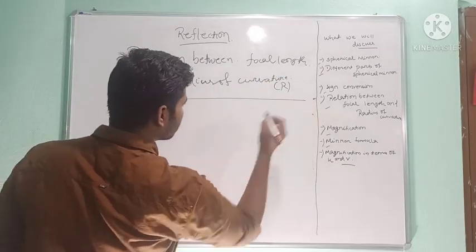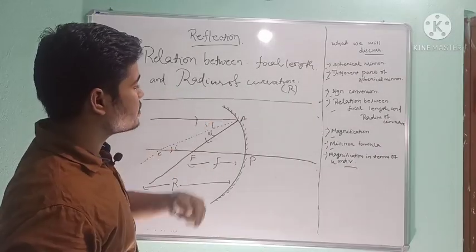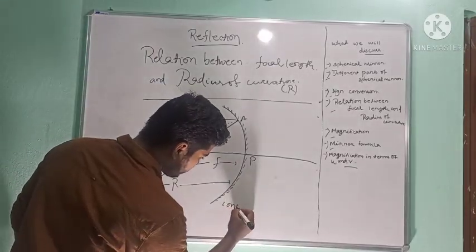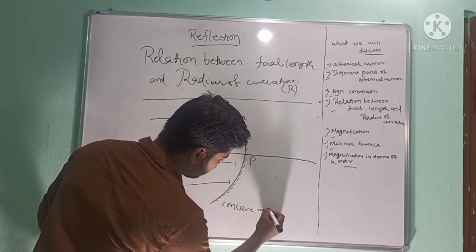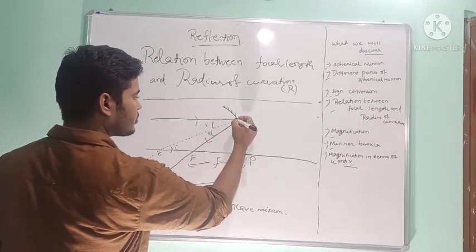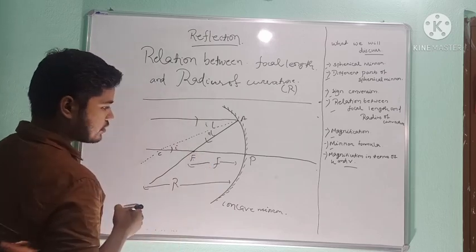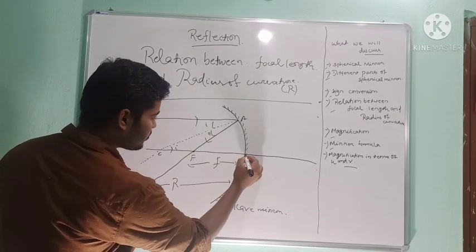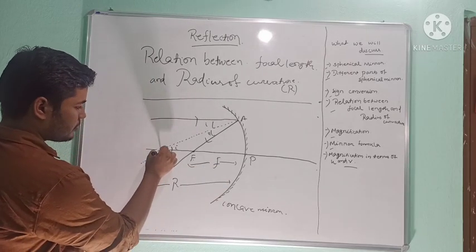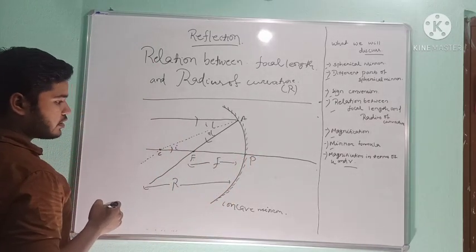So what is the relation between focal length and radius of curvature? This is a concave mirror. A ray of light is coming from infinity and will meet at the principal axis. This point is the focal point. The length from the pole to the focal point is called the focal length. The distance from the center of curvature to the pole is the radius of curvature.